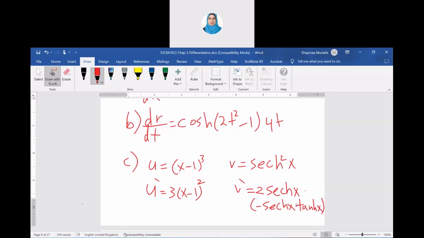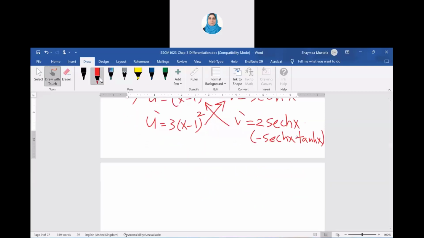Now I need to apply the multiplication rule to find the derivative for g. You multiply the derivative for u times v plus the derivative for v times u. This is the multiplication rule to find dg over dx.